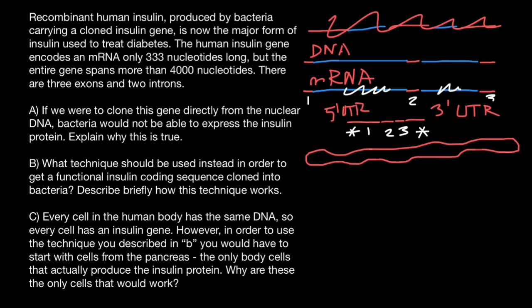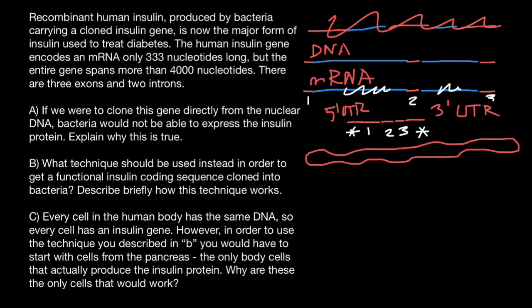So if we were able to insert such a large gene into the bacterial genome, first of all, it's going to be too big, and second, bacteria just wouldn't be able to cut away introns, and would also make proteins using the sequence of the introns. And we are going to get a completely different protein, even if we get it at all, because it's going to be very large.